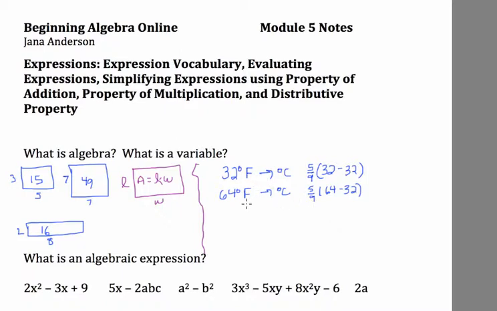I've done 2 specific examples, shown you 2 arithmetic problems. What algebra does is it says, okay, I don't just want to change from 32 and 64, I want to have some way of showing that I can change any Fahrenheit to Celsius. So we use an expression.